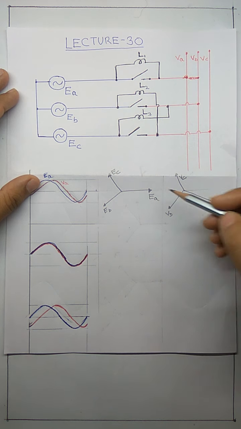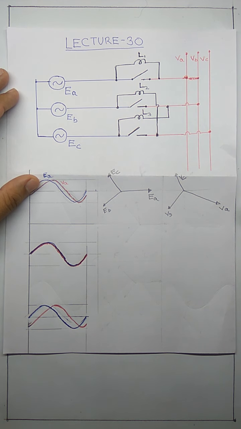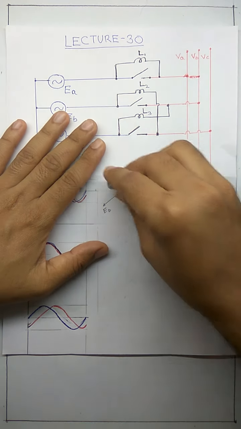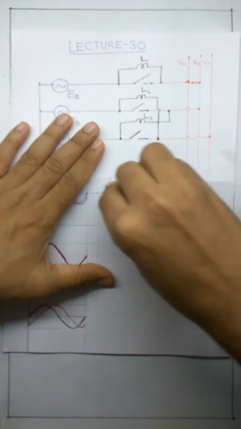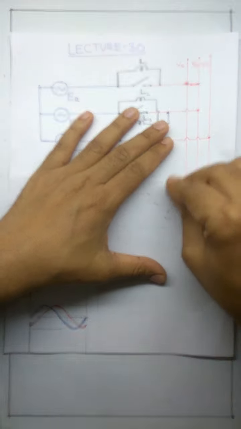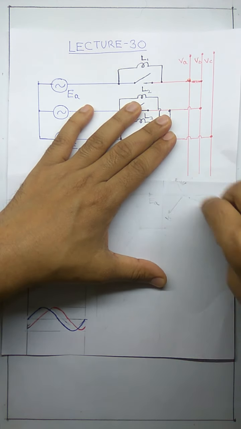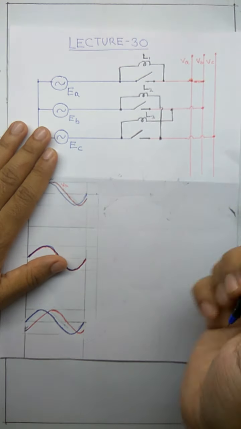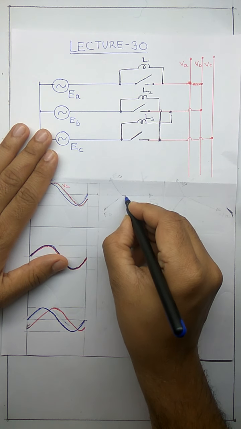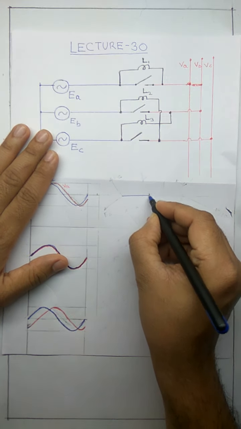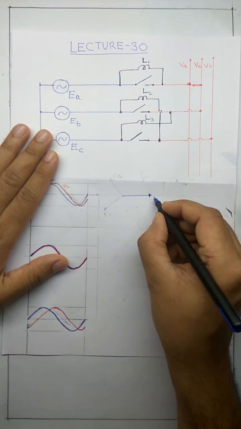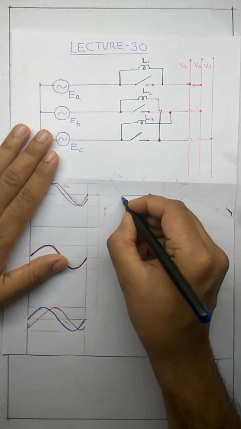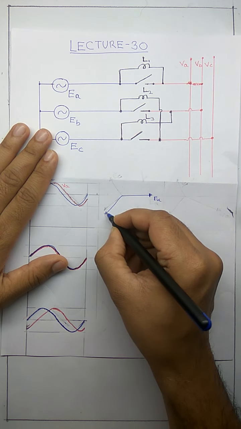Now can we combine these two diagrams together? If I combine these two diagrams together, it will look something like this. This will remain as EA, that is my generator voltage EA. This will be EB.